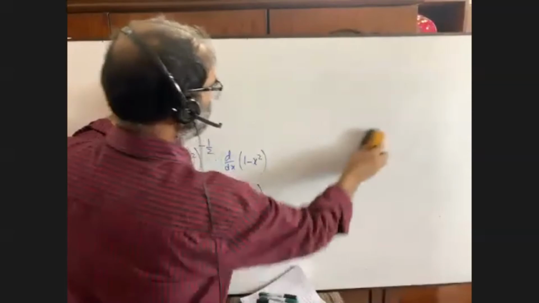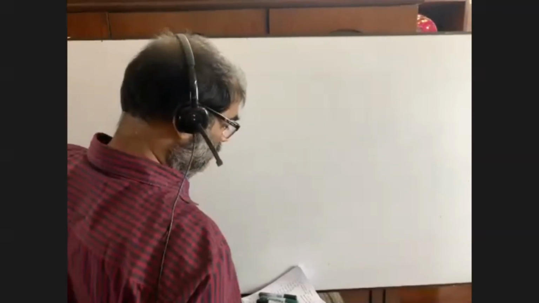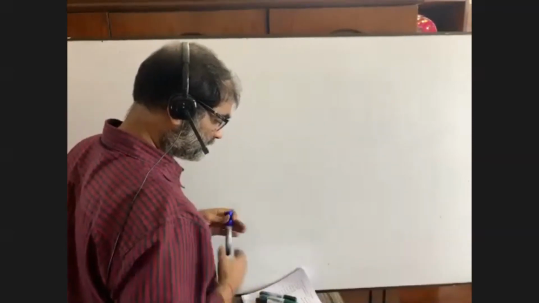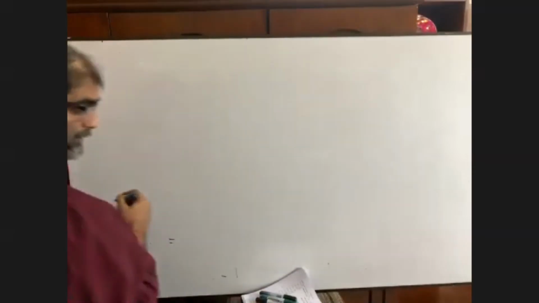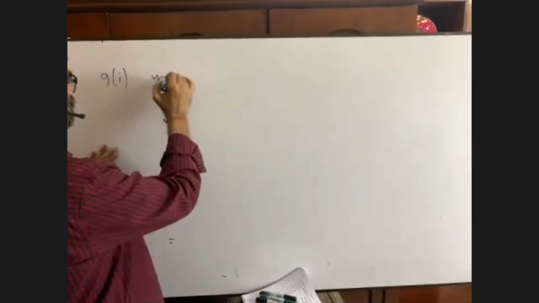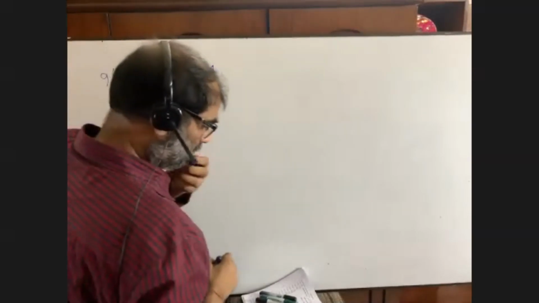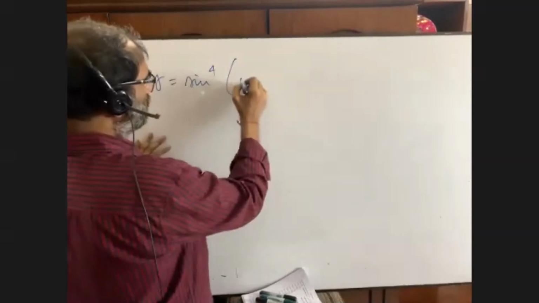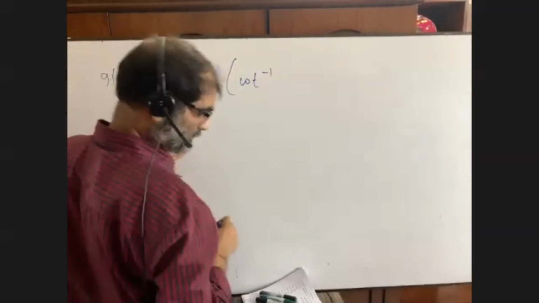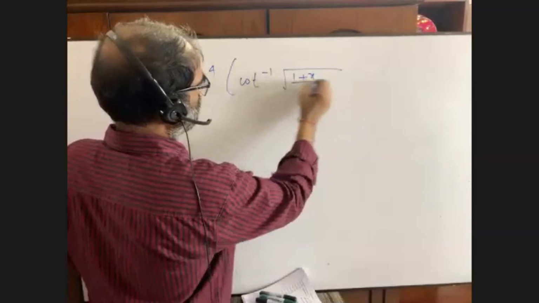It's not so easy as you are thinking. Before every exam, you should do this math a minimum of 10 times at home. Now, similar type of math. Question number 9: y equals sine to the power 4 of cot inverse root over 1 plus x by 1 minus x.